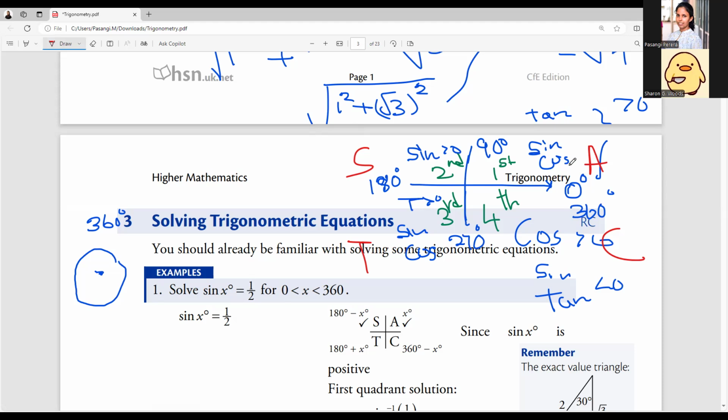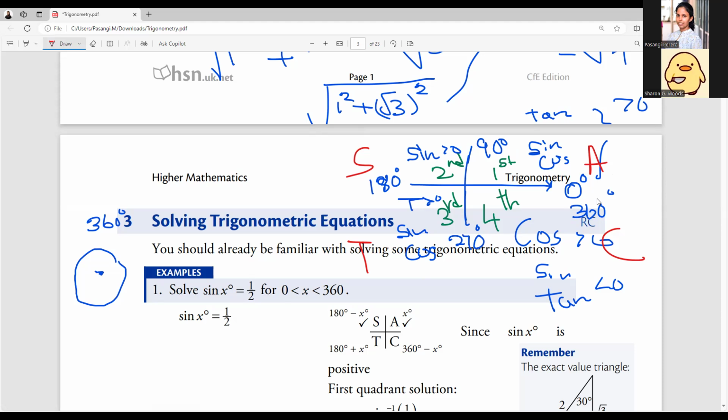Once you write that, draw this one and mark the four quadrants with the angles 0, 90, 180, 270 and 360. Mark those four quadrants as first, second, third, and fourth, and the positive ratios as well. Make a note of that.